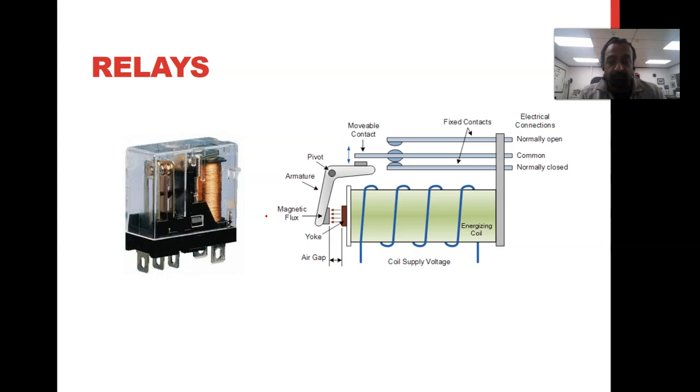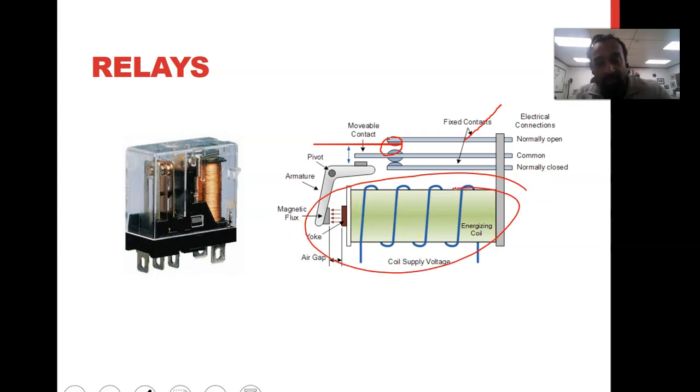Relays, again, we said relays are composed of contacts. These are the contacts here, the armature, and the coil. You'll always see the coil, and the coil is activated. Once the coil is activated, it's going to pull or push this lever here, and it will control the connection between those 2 or 3 pins.